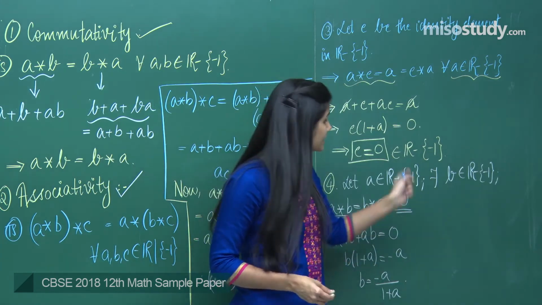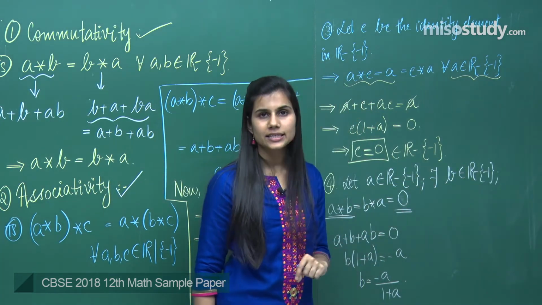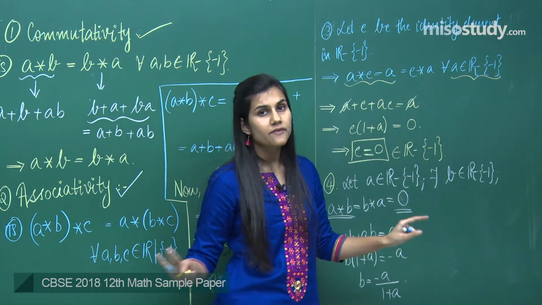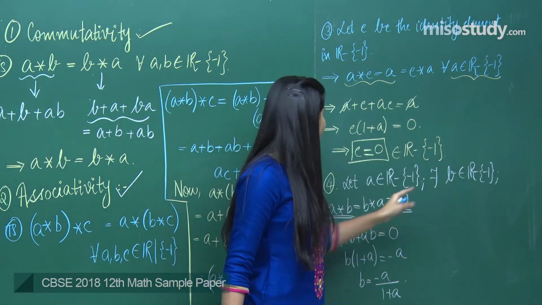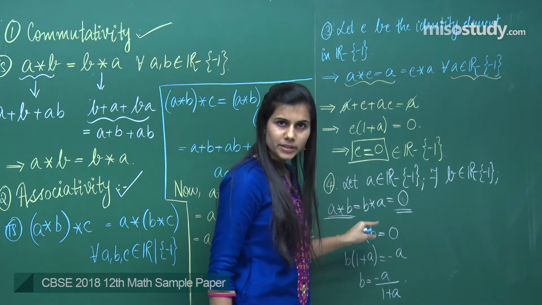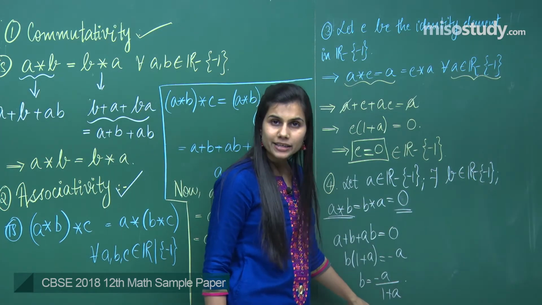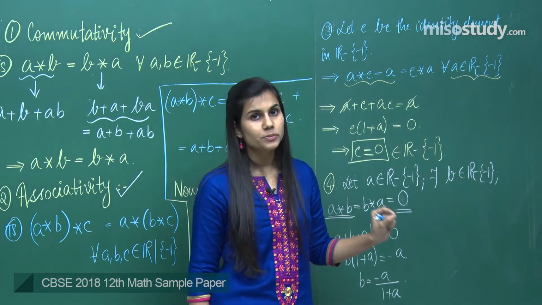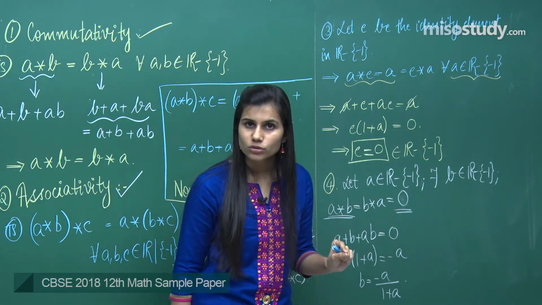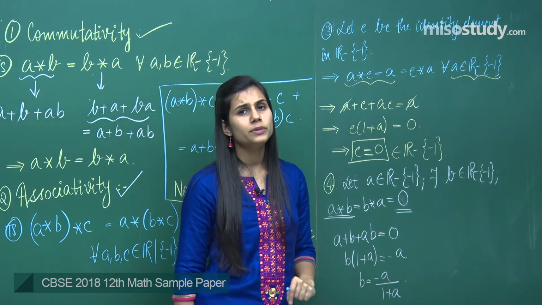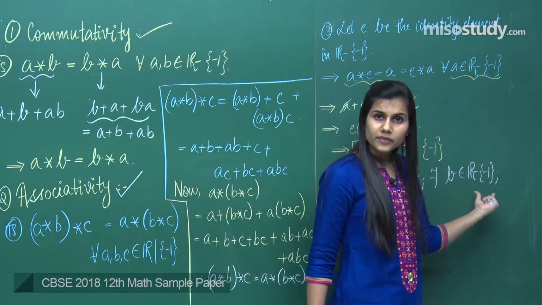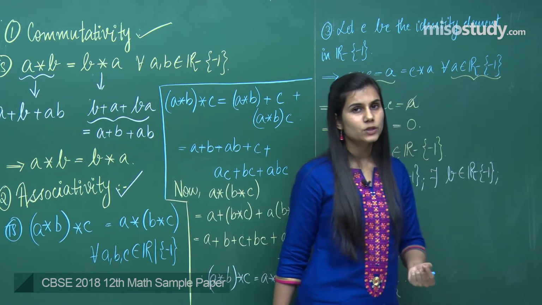Because I have to show that inside this set every element A has an inverse. So definitely B is playing the role of inverse in every manner. It is actually satisfying this property. It is coming out to be dependent on A. So definitely B is qualifying somewhere to be an inverse, but the only thing stopping me from declaring it to be an inverse is that it's a dicey situation whether this B is coming from R minus 1 or not.